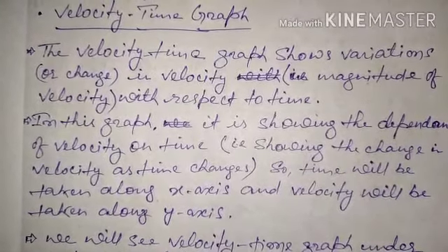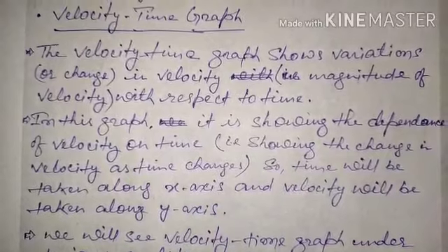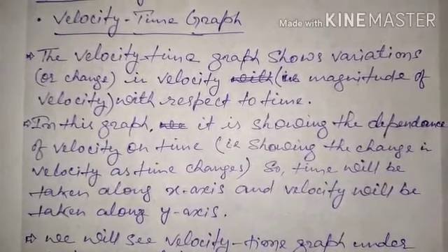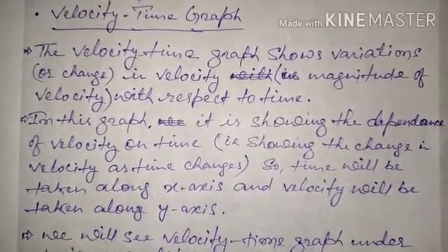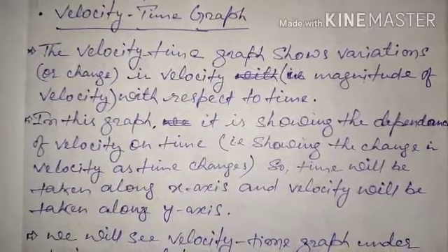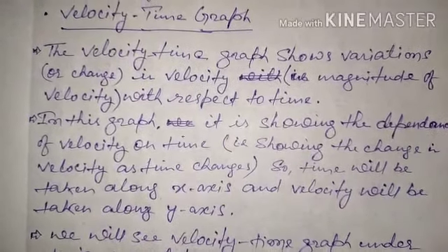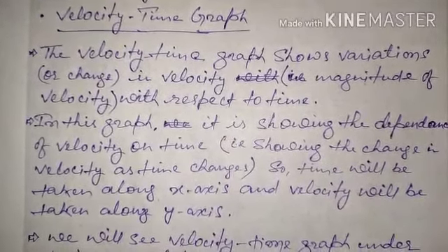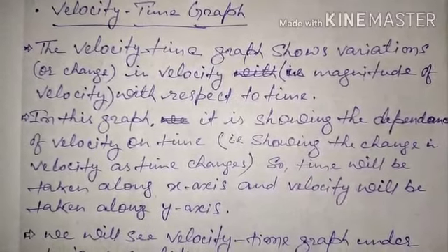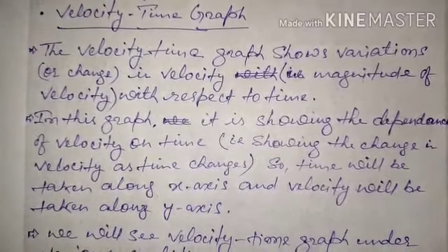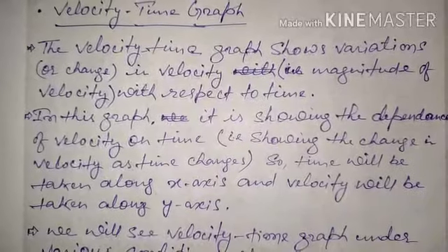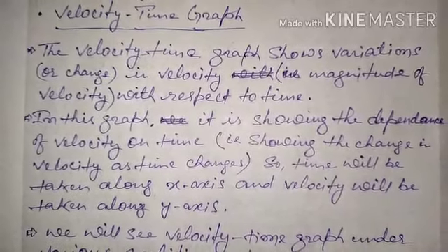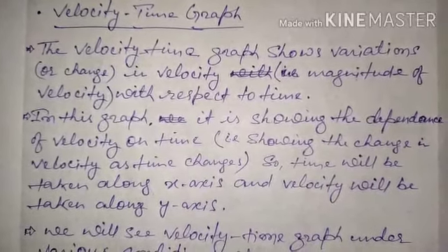So in the graph we are representing the magnitude only, so you can call it either a distance time graph or a displacement time graph. Similarly, speed is the magnitude of velocity, so we can call it either a speed time graph or a velocity time graph, it doesn't matter. I hope this is clear.